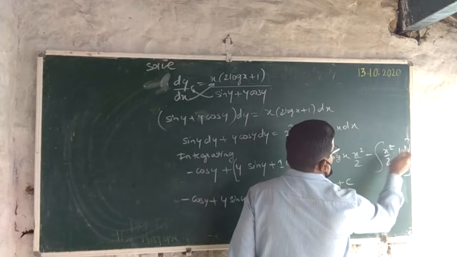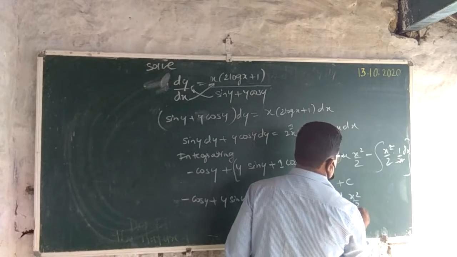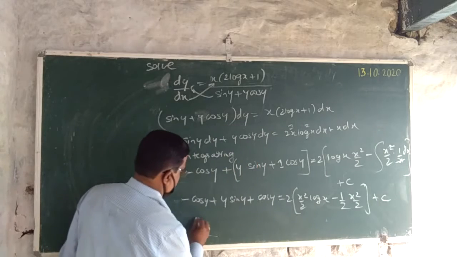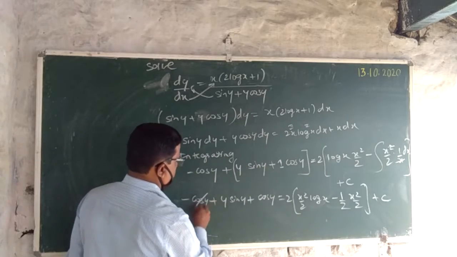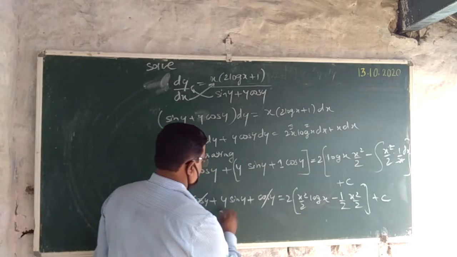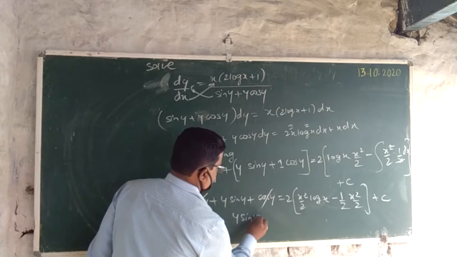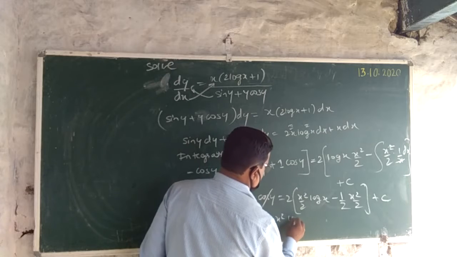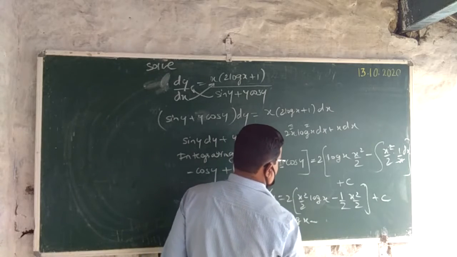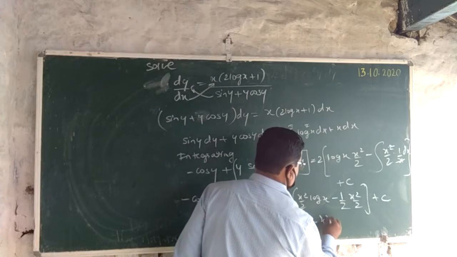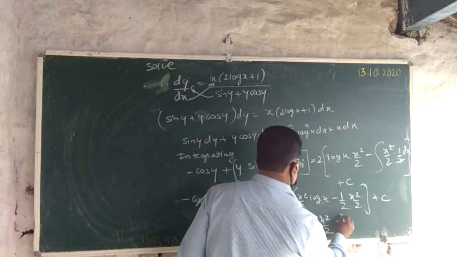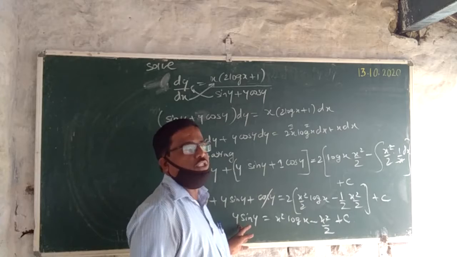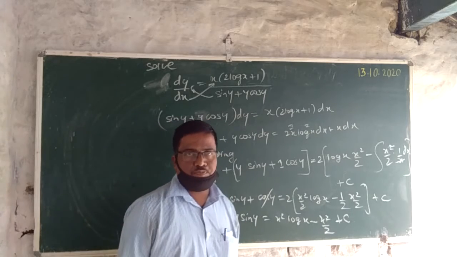So now integration of x dx becomes x squared by 2 plus c. So minus cos y plus cos y get cancelled. So it is y sin y is equal to, here 2 get cancelled, x square log x minus again 2 get cancelled, so x square by 2 plus c. So which is the required solution for the given problem.